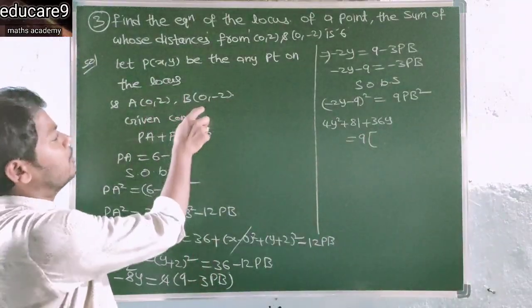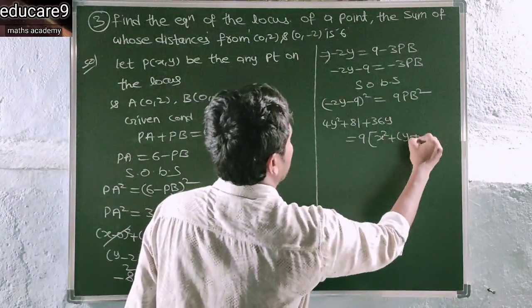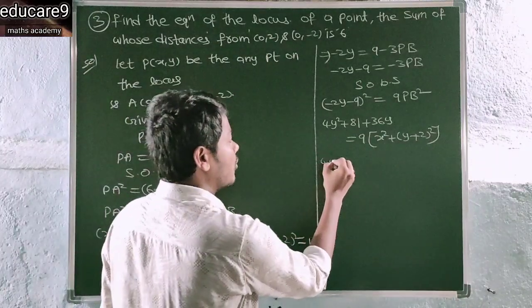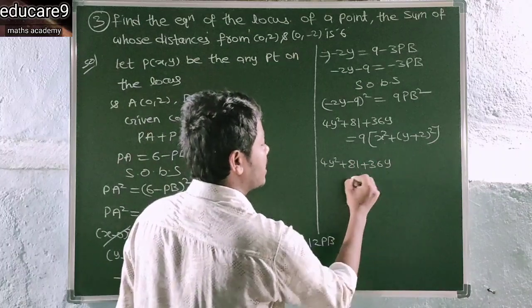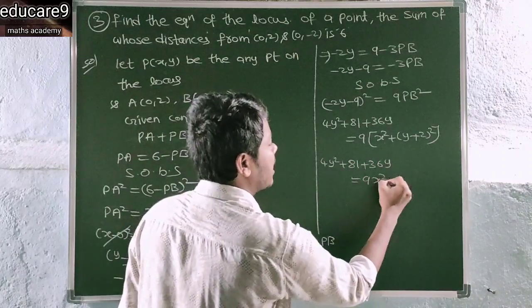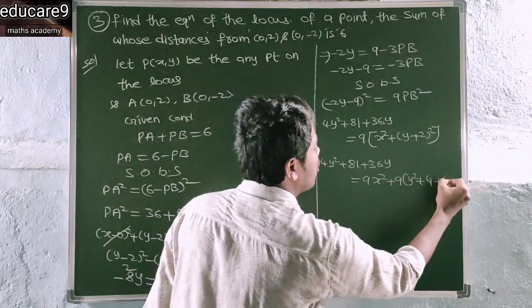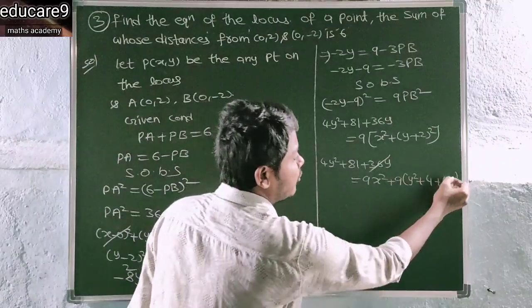See here, distance between P and B, that is x minus 0, x square plus (y plus 2) whole square. Now clearly 4y square plus 81 plus 36y is equal to 9x square plus 9 into (y square plus 4 plus 4y).